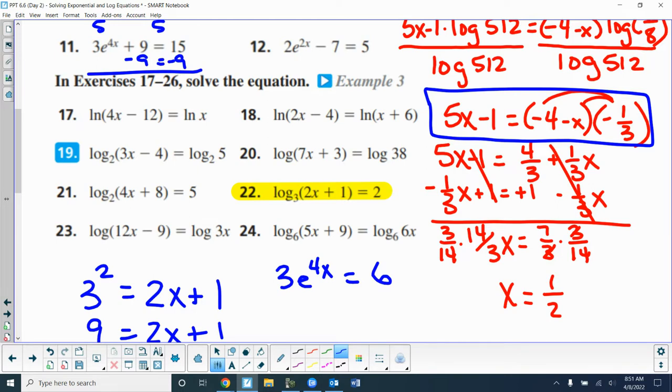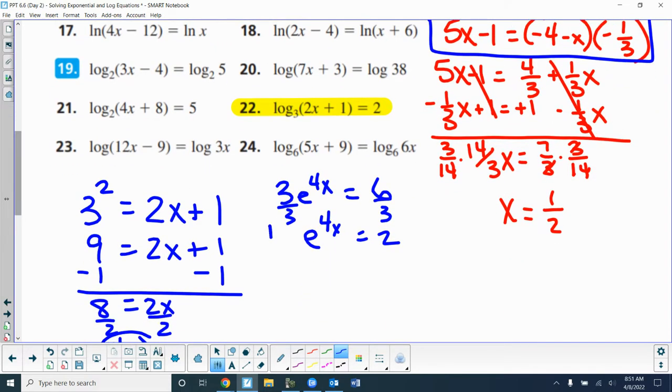How do I take the 3 over? Divide it, right? We didn't have one like this yesterday, so that's why I'm going over this one with you. Now I would go from there. But I would take natural log, because that base is e. And then what happens when I have a natural log and an e? They cancel, so it just gives me that 4x.